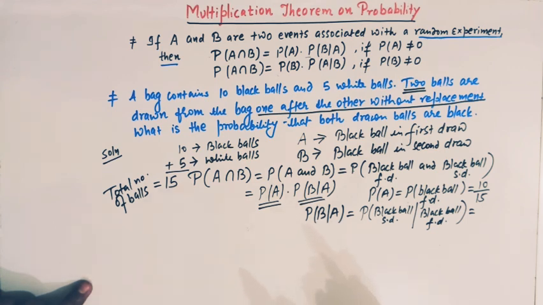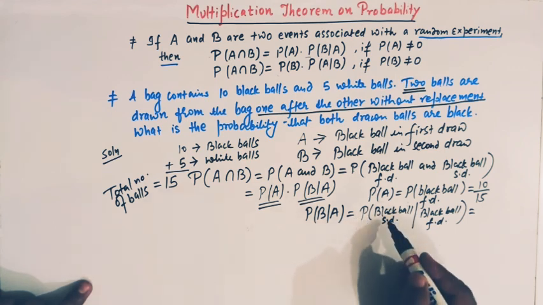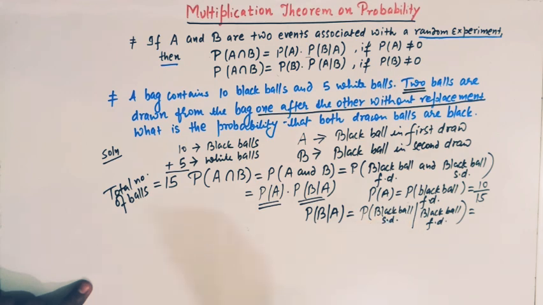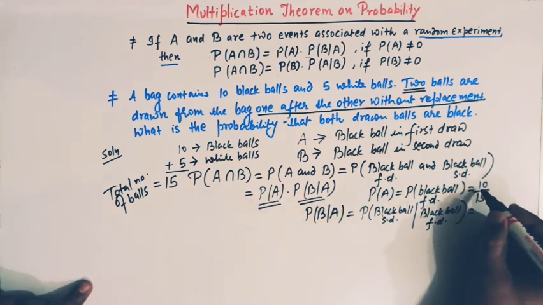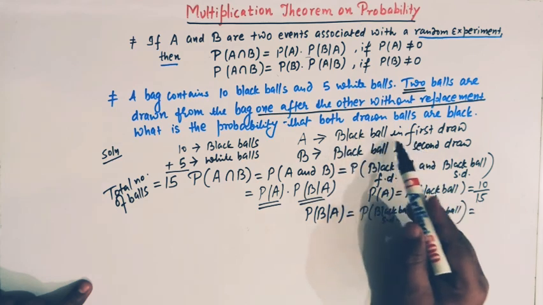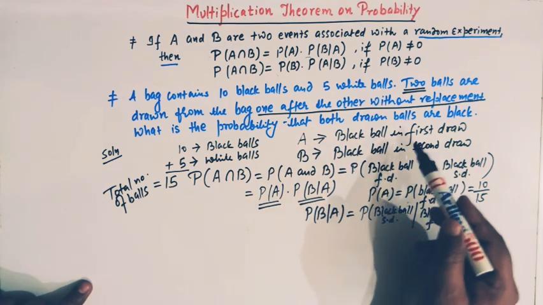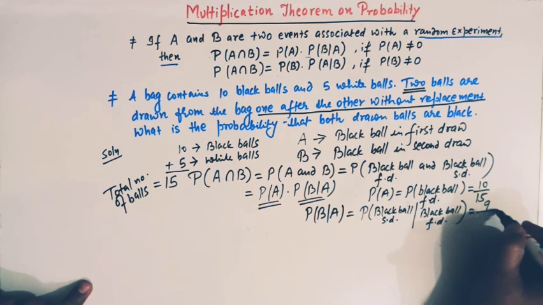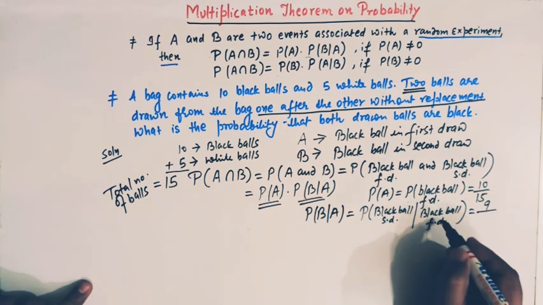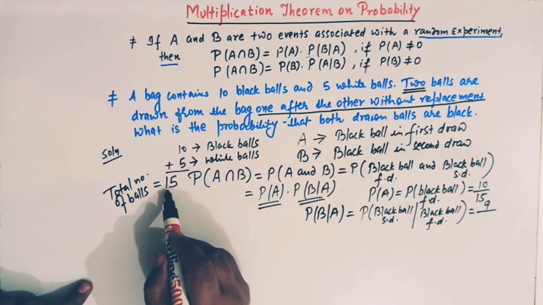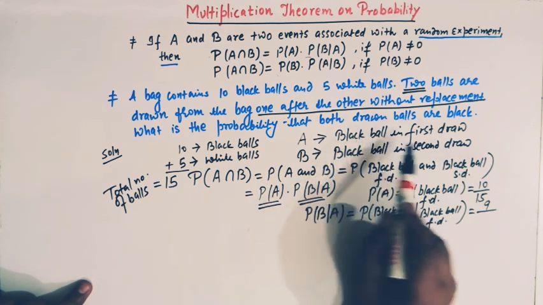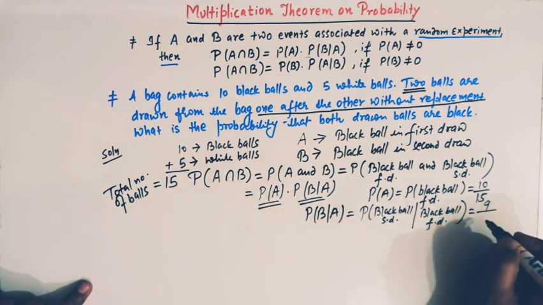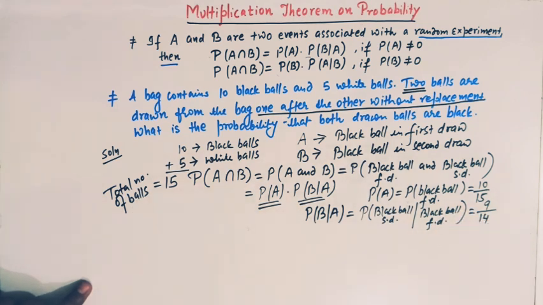Now we have to find the conditional probability of the drawing of a black ball in the second draw, right? So now, because one black ball has already been drawn in the first draw, we are left with only 9 black balls, and the total number of balls are 15, but now one ball has already been drawn in the first draw, so the total number of balls will be 14, right?